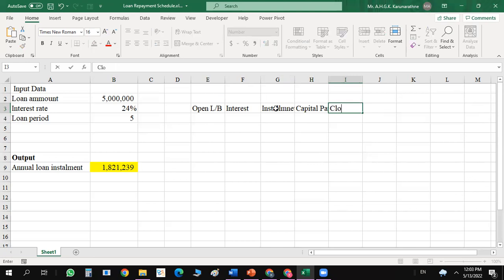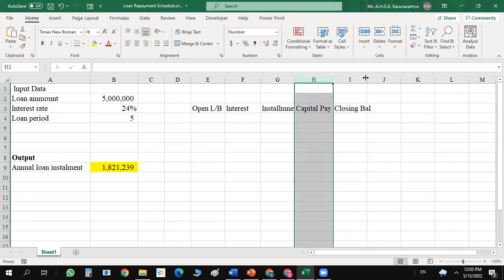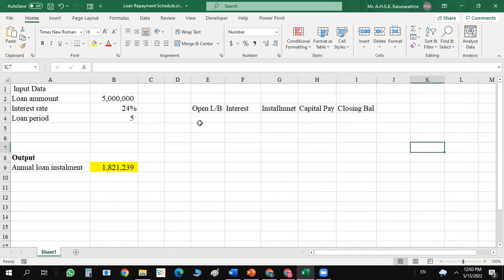Finally, closing balance. Closing balance, right? Okay. At the beginning, we will put here the year. I'll say year 1, year 2, year 3, year 4. I'm just typing, right?